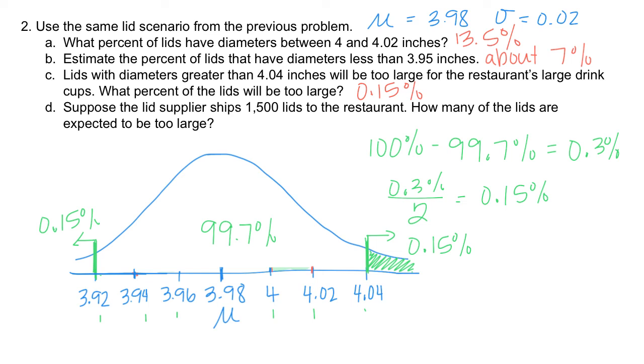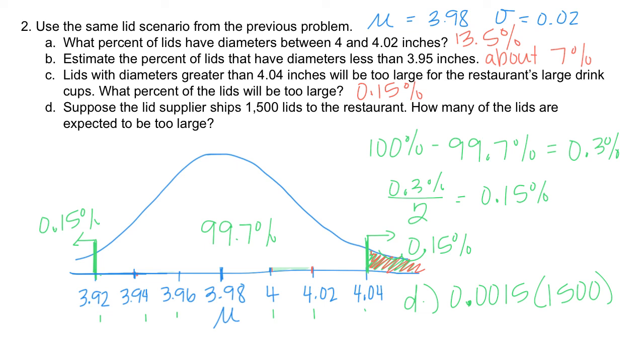Part D has to do with the previous problem. It says, suppose the lid supplier ships 1,500 lids to the restaurant. How many of the lids are expected to be too large? So we're using that 0.15% are going to be too large. We want 0.15% of 1,500. So we convert it to a decimal. 0.15% is 0.0015, moving the decimal place over twice, times 1,500.